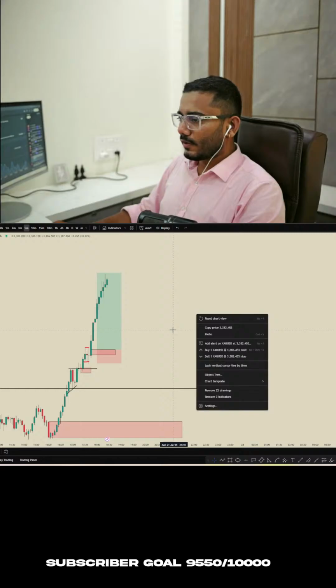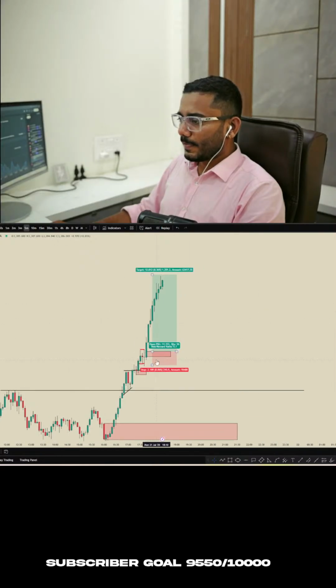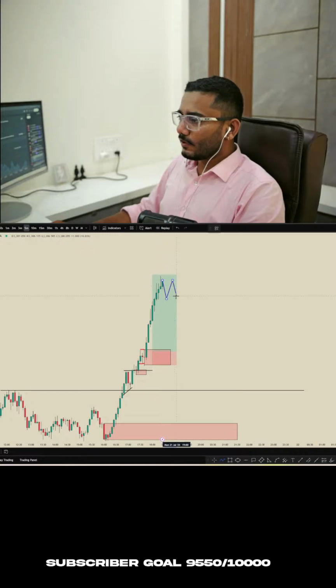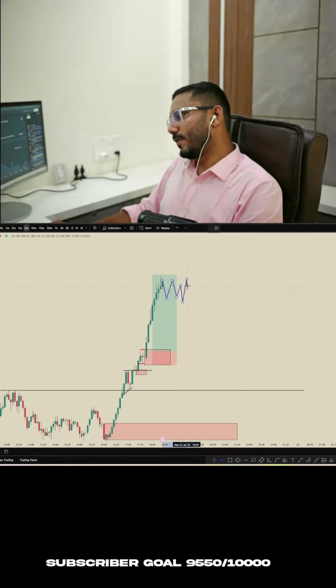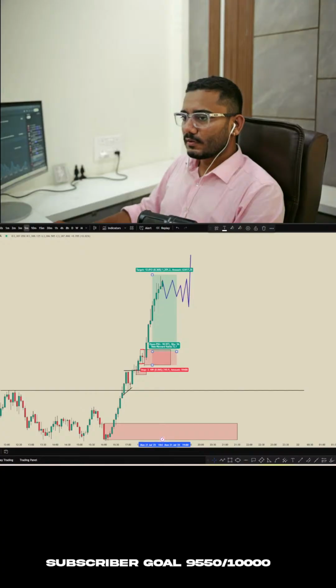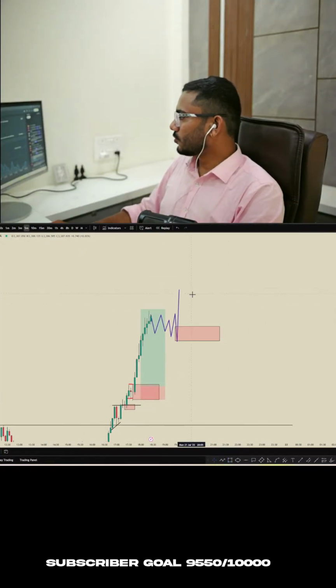So in gold, right now, what we have to understand is this whole candle swept out these lows and it created this imbalance. If price creates liquidity here and it sweeps this liquidity, we'll move our point of interest from here to the new structure.